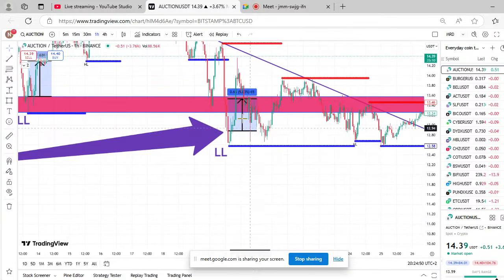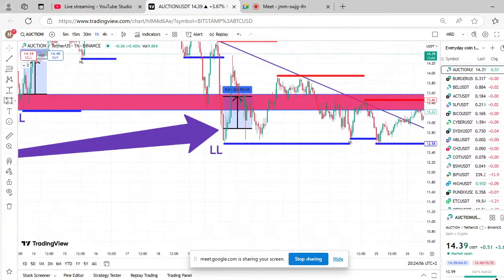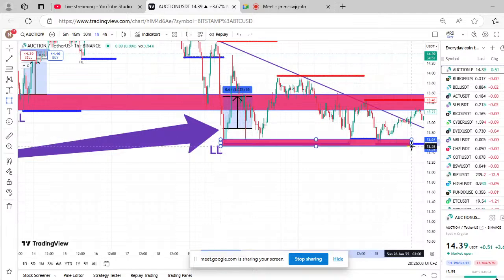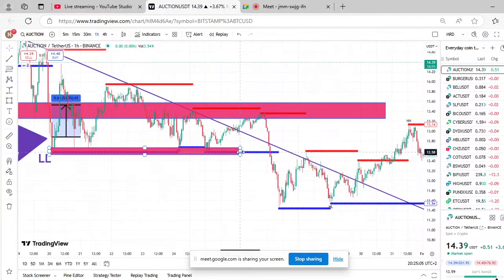We said after taking your 5% and getting out, again draw a line. Wait for the market to break up or down. So we are going to draw a line here. Yes, make them long.